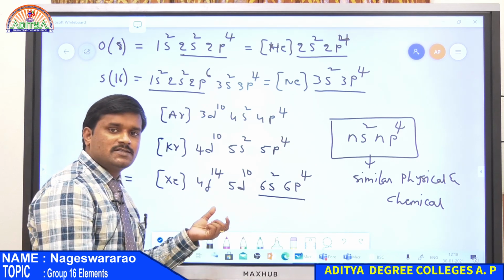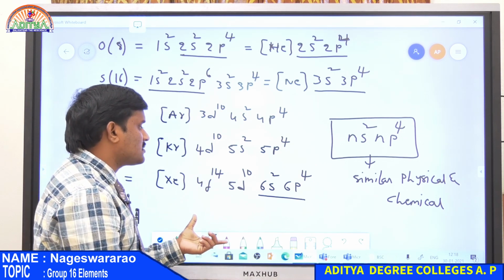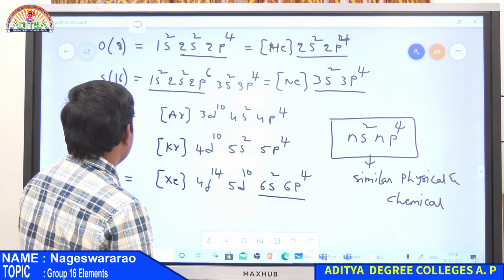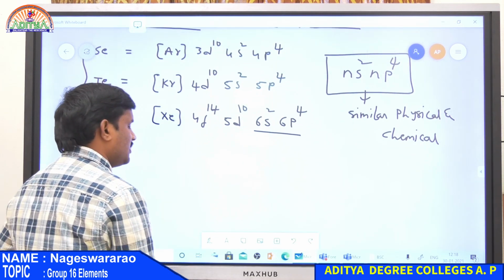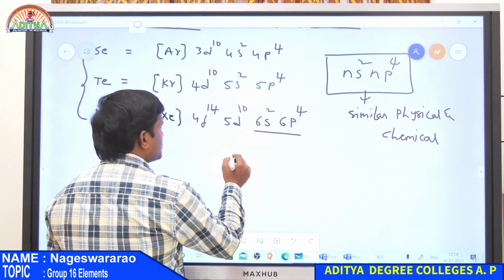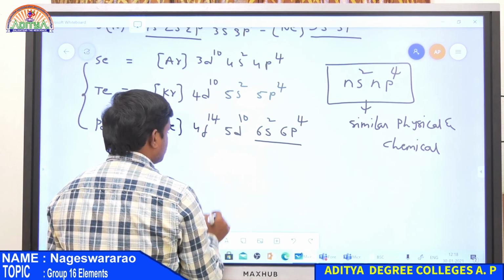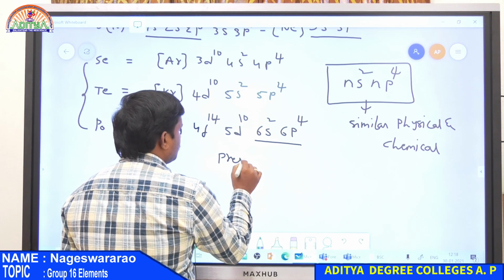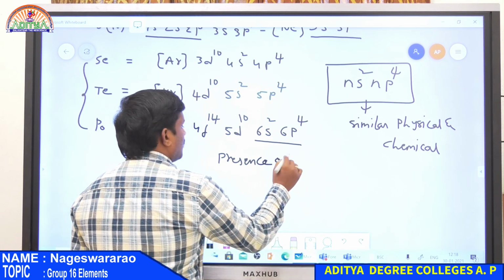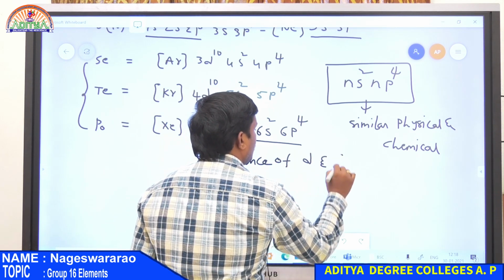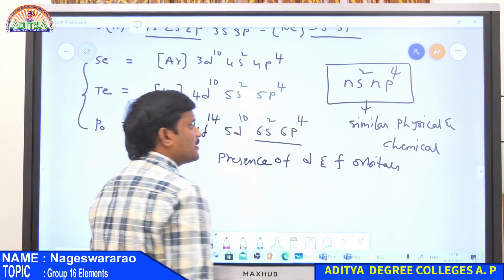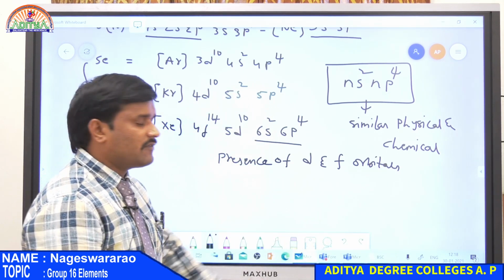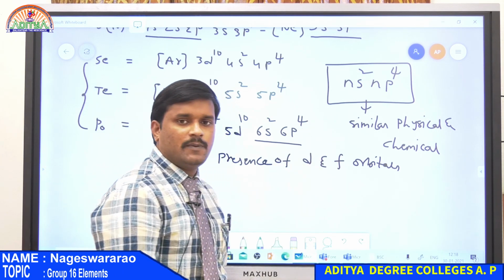So due to the presence of f and d orbitals, their properties are somewhat different from the initial elements in the group. Similarities are due to the similar electronic configuration, ns2, np4.